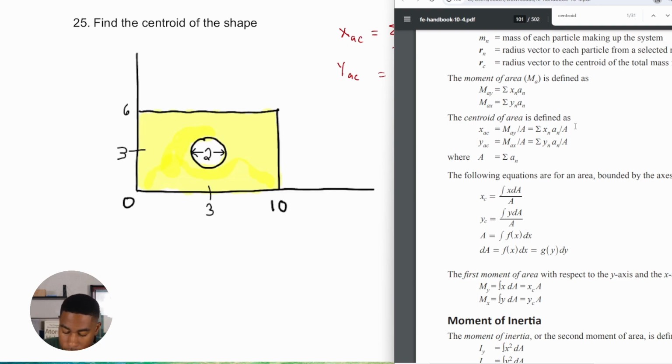So let's start with this. So XAC is just the X component of the centroid of the shape. So we got to find X sub n to start.